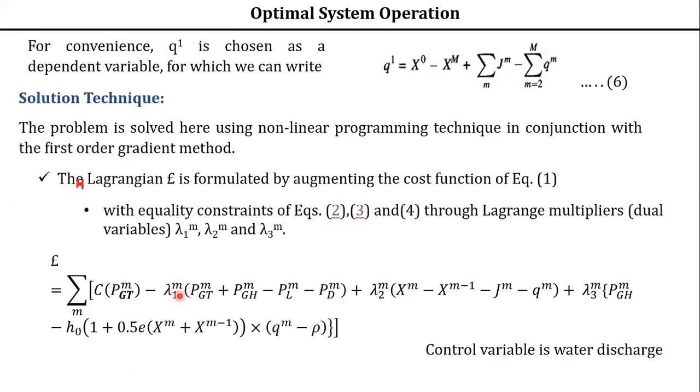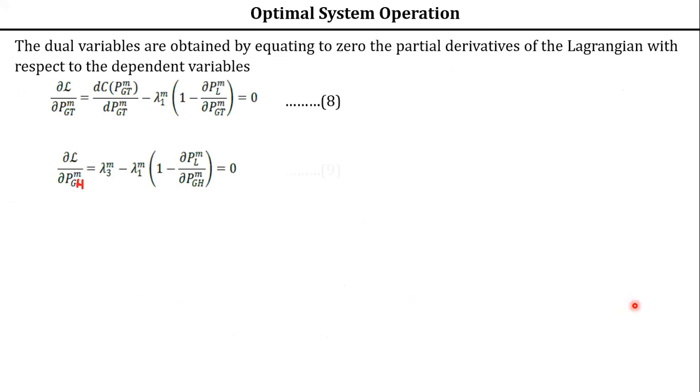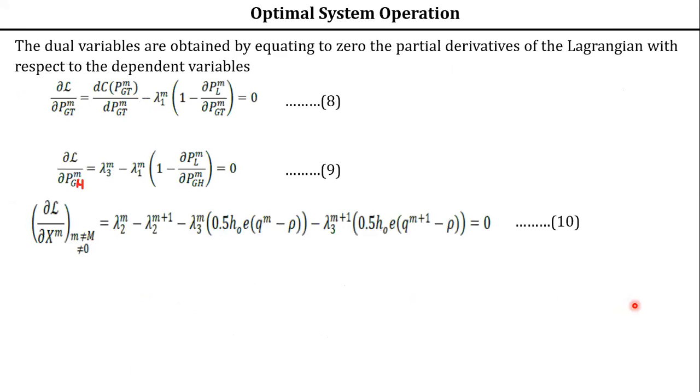Here you don't have XM; there is no XM in the cost function. Here also there is no XM. So only in this equation and in this equation are we going to get XM. So that is what we write when we take the partial derivative. The resultant will be this equation, equation 10.